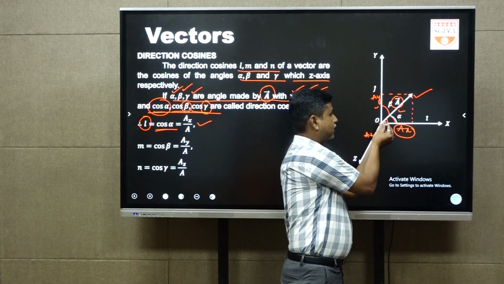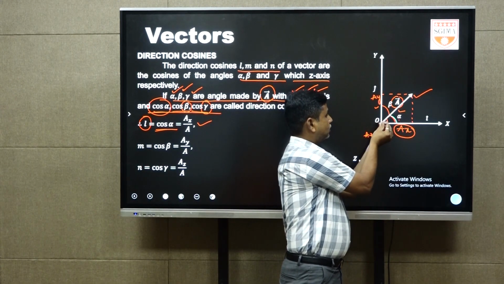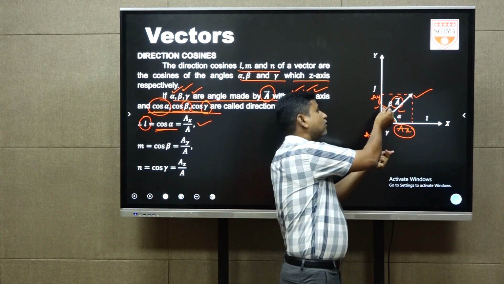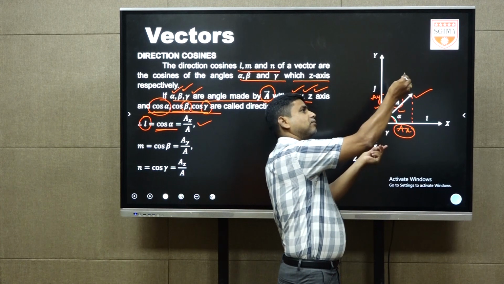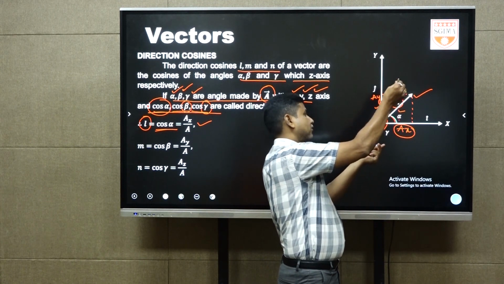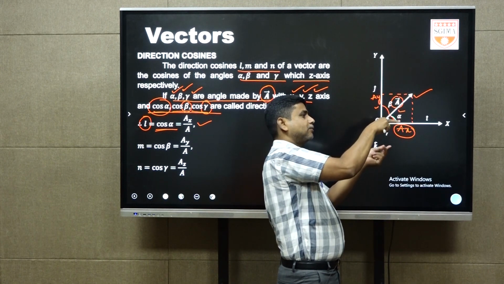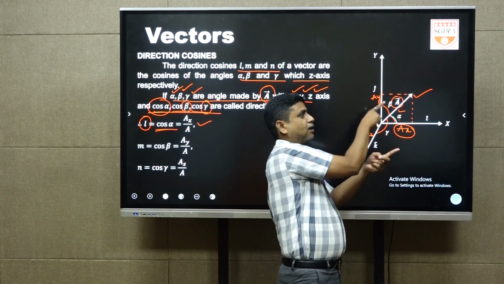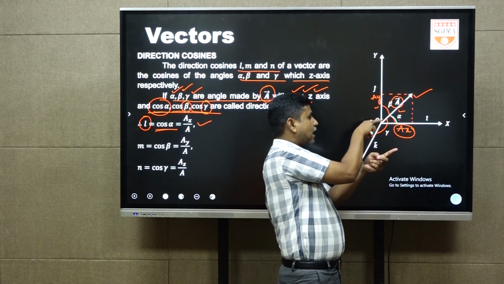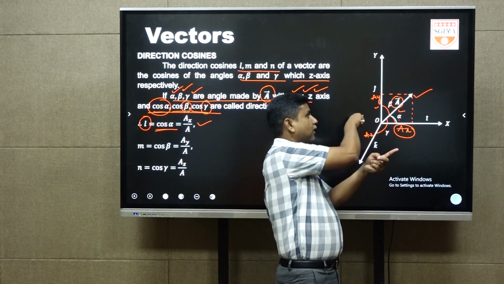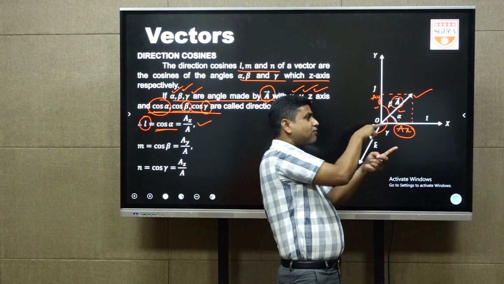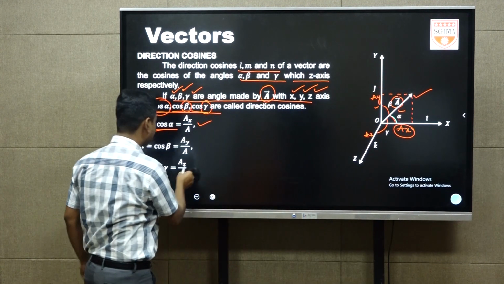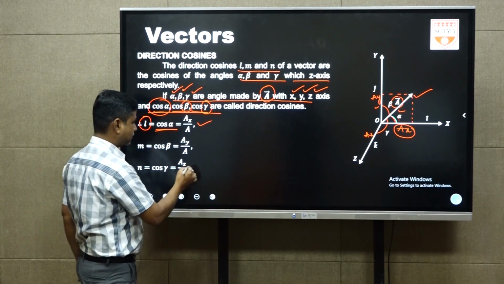The z-axis is normal to the x and y axes, and the vector's z component is AZ. Here one line can be taken, this angle is gamma. Then cos gamma equals adjacent upon hypotenuse, adjacent value is AZ, hypotenuse value is A. Then cos gamma equals AZ by A.